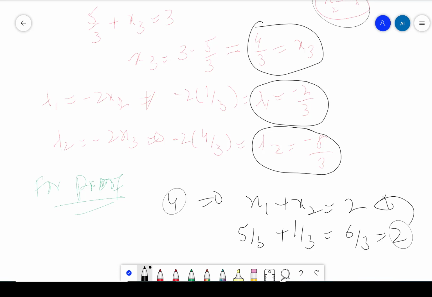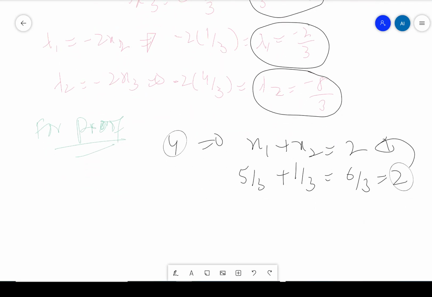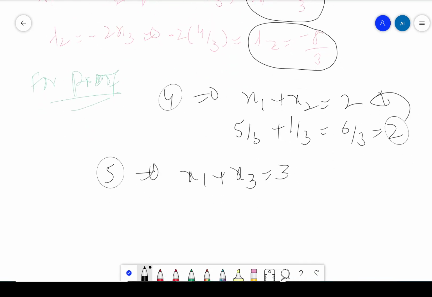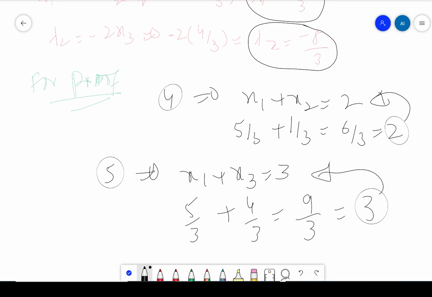So let's see another equation, equation number 5, which is x1 plus x3 is equal to 3. By putting the value of x1, which is 5 by 3, and the value of x3, which is 4 by 3, it makes 9 by 3 and gives 3, which is the desired result of equation number 5.